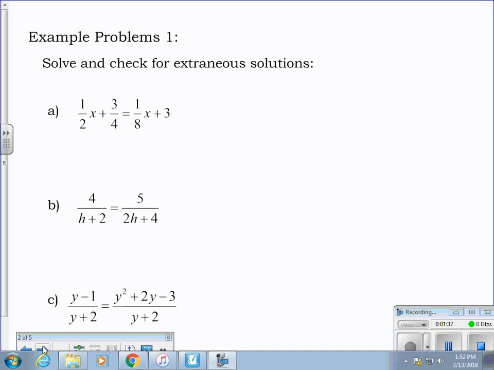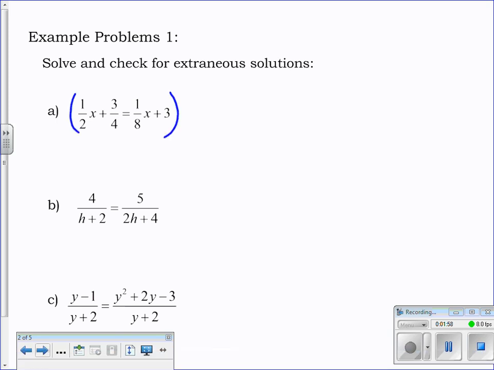And how you do that is you multiply through by the least common denominator. So I have 1/2, 3/4, and 1/8. My least common denominator is 8. So I multiply each individual term, the entire thing, times 8.